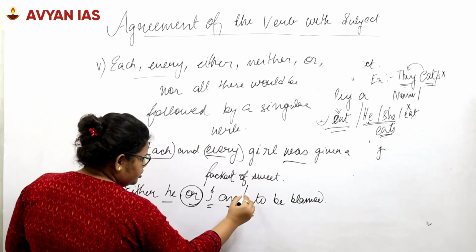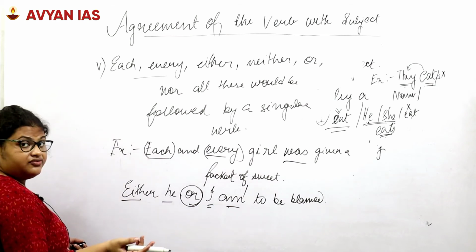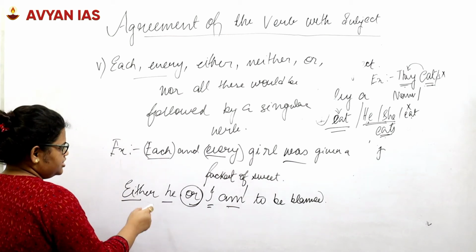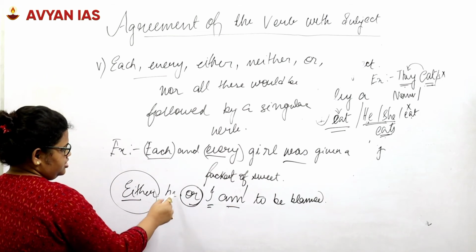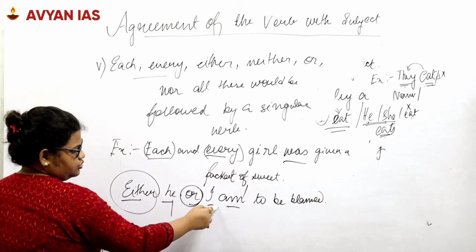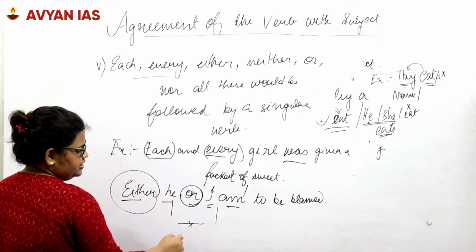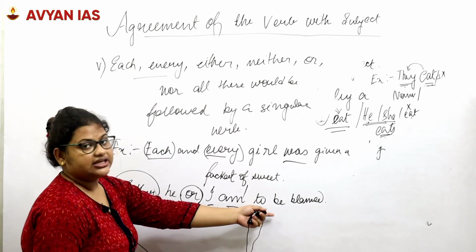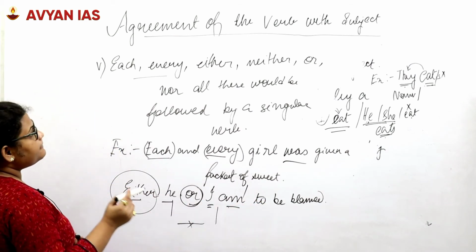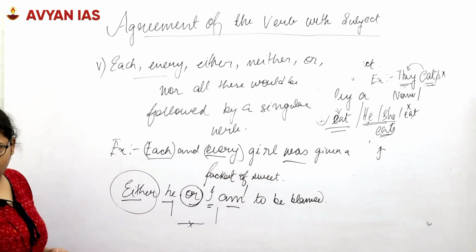You can use both am or is, whatever you want to, because both are singular verbs. So because we are using either and or at the same time, and this is either this person or that person, both cannot be together blamed, so it has to be either A or B, so it will be taking a singular verb. Now comes neither or nor.